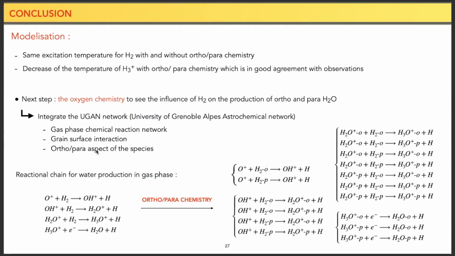To conclude, for the modelization part, we have a big decrease of the temperature of H2+ with an ortho-para chemistry, which is in good agreement with the observations. The next step is to implement the oxygen chemistry to see the influence of H2 on the production of water.